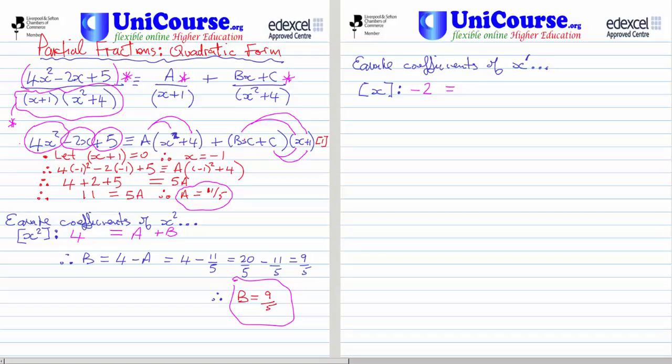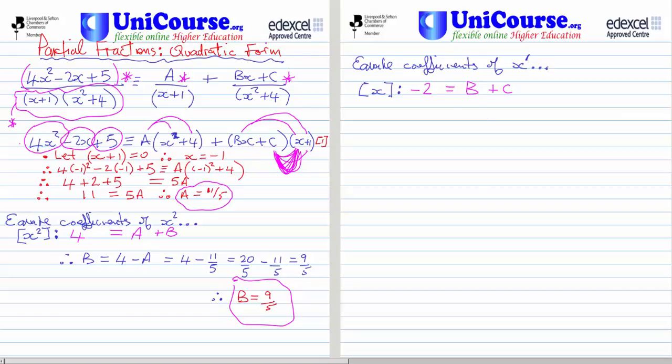However, we have a bx times a 1, which is just bx, and so the coefficient of x is b. And we also see a cx here, the c times the x. So the coefficient of x there is c. So we end up with minus 2 equals b plus c.